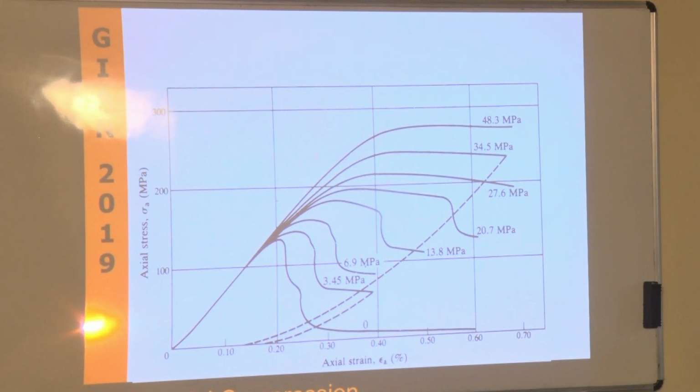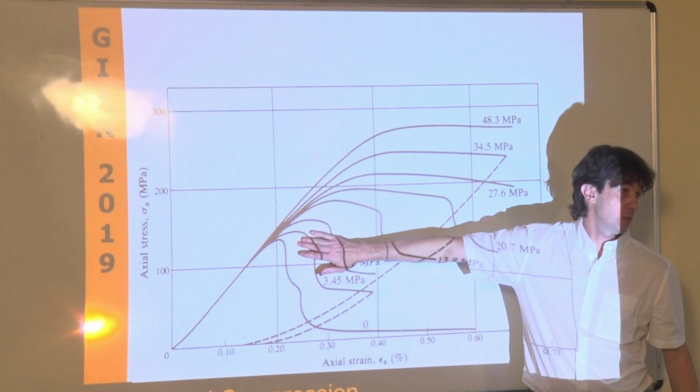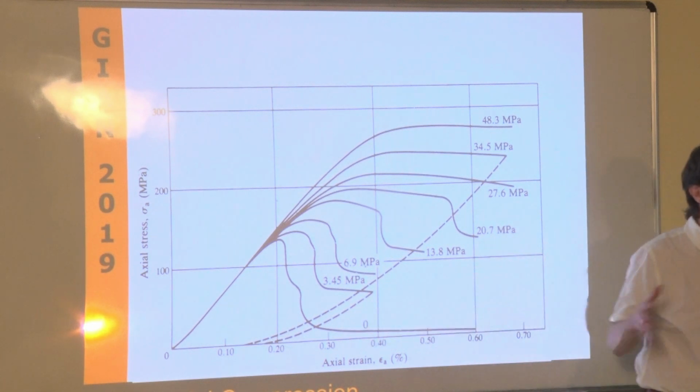You go from total loss of cohesion at very low confinement, and the confinement allows you to mobilize more and more friction in the rock, specifically at the interface of the cracks you produce at the failure point.